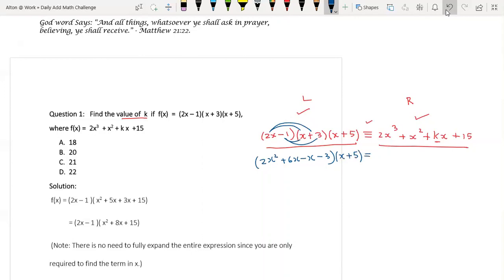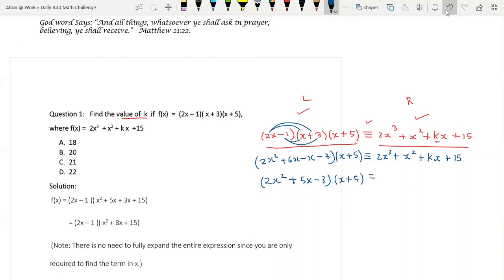And of course, that is identically equal to 2x cubed plus x squared plus kx plus 15. The term in bracket simplifies to 2x squared plus 5x minus 3, by x plus 5.